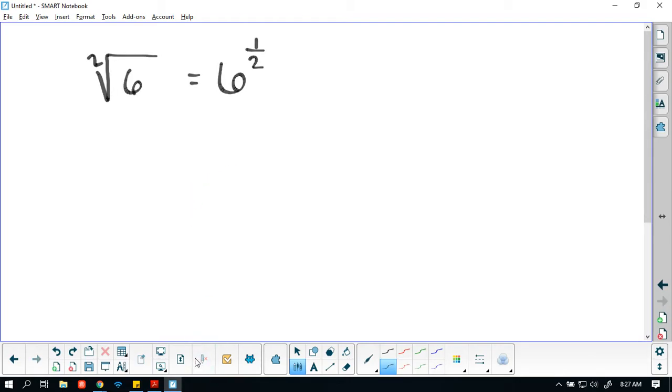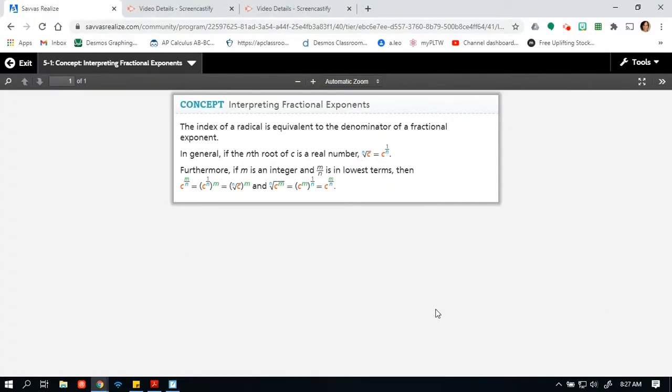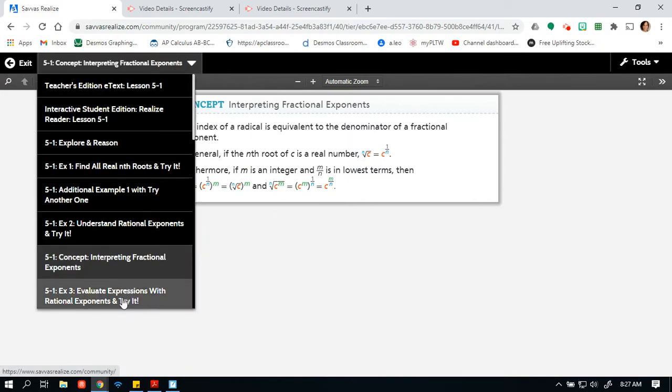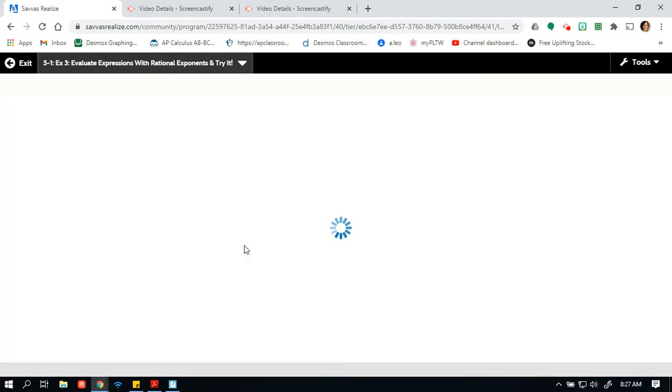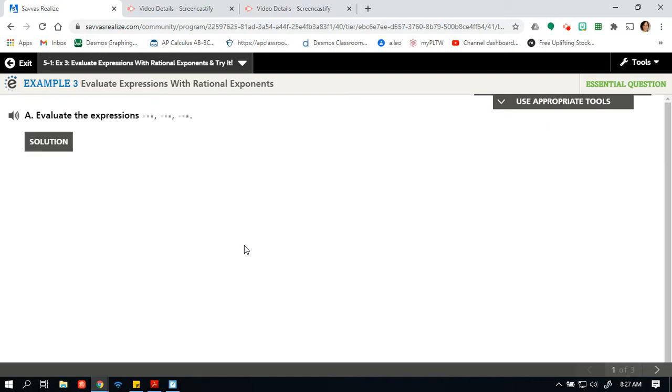All right, so let's go to example 3. Evaluate the expressions 32 to the 3/5, 27 to the negative 2/3, and 50 to the 3/4.